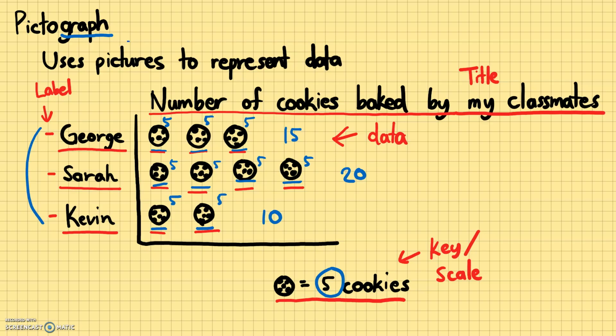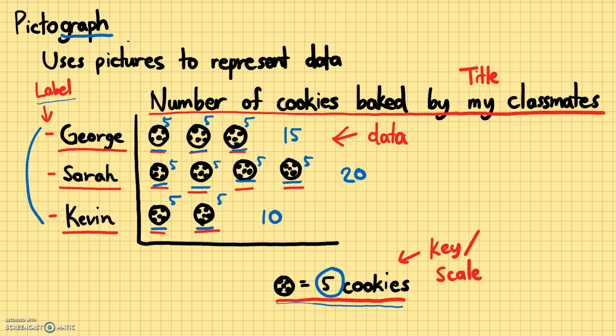Okay, so notice how we are using the information represented here. We are using the title to know what this data is about. We're using the label on the left to see who this data is related to. And we're using the scale in the bottom to interpret the data. Okay, so what do these cookies here mean?